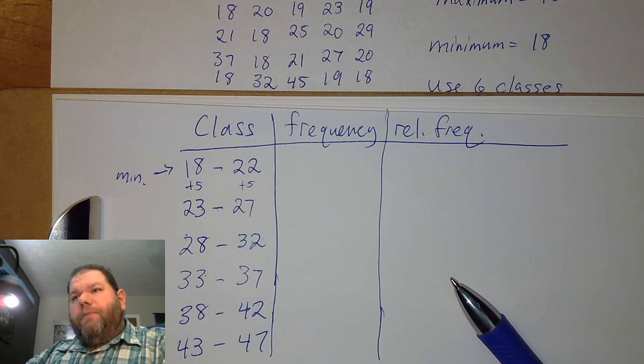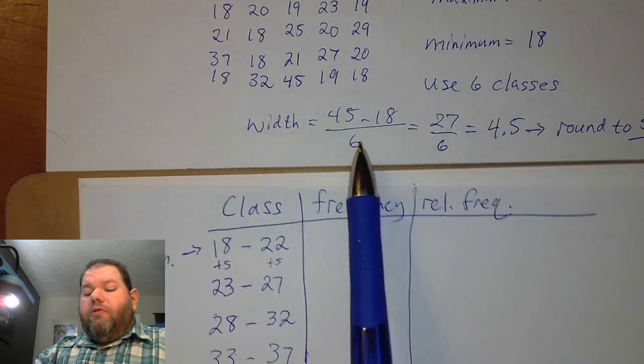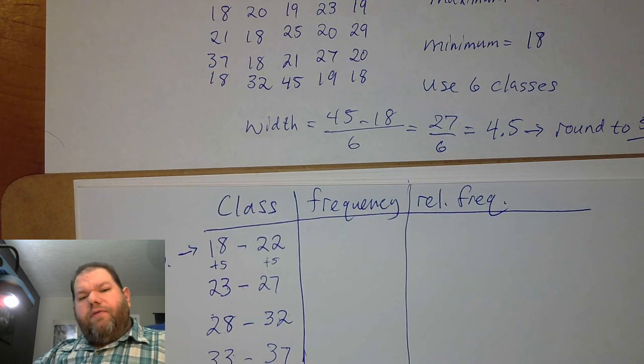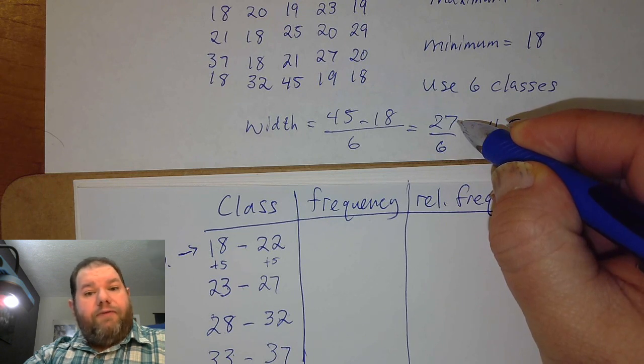Now, is there a grouping scenario where we start at 18 and end at 45? Probably. It's not a simple thing to think about, though, necessarily. Because if we look at our class width calculation here, where we did 45 minus 18 over 6 is 27 divided by 6, in order for it to work out properly, we would have to have something that's a factor of 27.